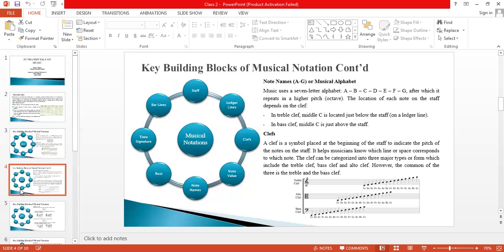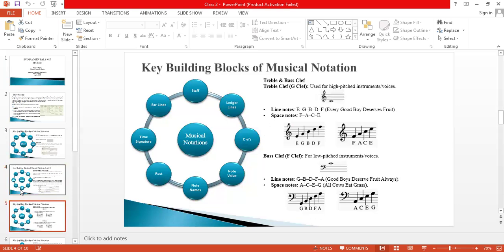We have one for treble clef, which is the G clef, one for alto clef, and one for bass clef, which is the F clef. Each of them indicates the pitch of a note on the staff, as we will further understand. I know we will get to understand it better.